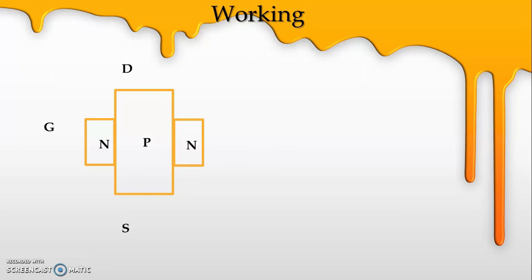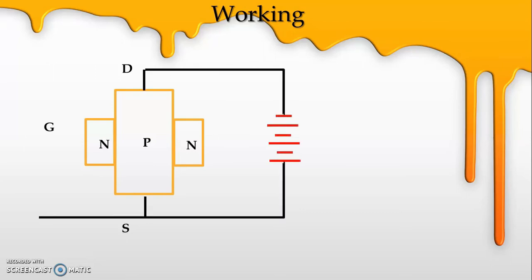We have taken three terminals: two terminals from the P-type material, known as drain and source, and one terminal from the N-type semiconductor material, which is the gate. Now we have to apply the voltage for biasing. We apply negative voltage to the drain.